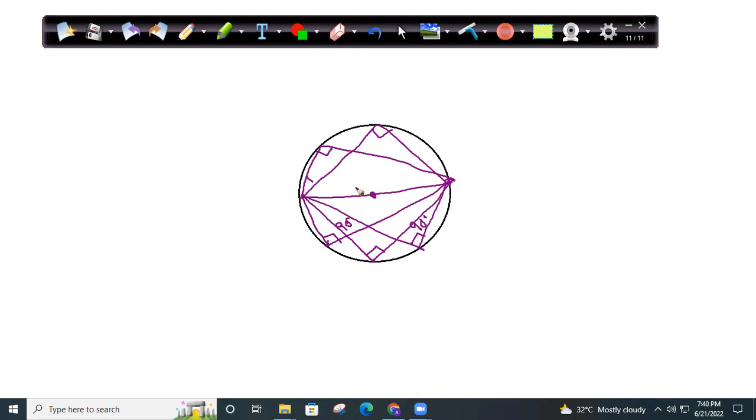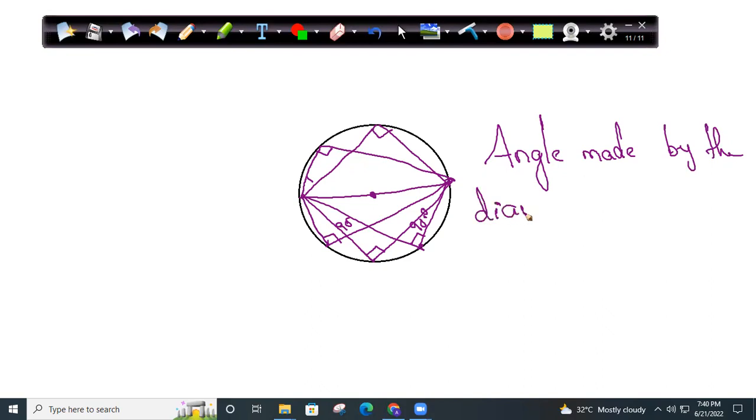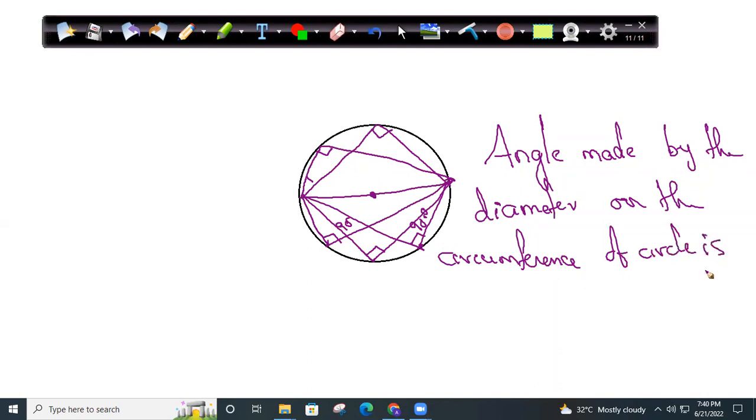The angle made by the diameter on the circumference of a circle is 90 degrees. Most important point. If you forget, I cannot do anything in the exam.